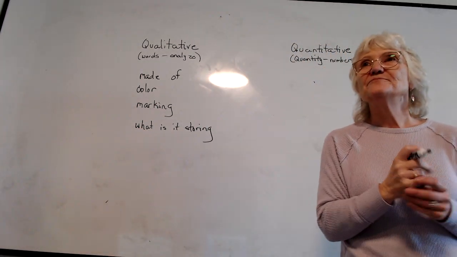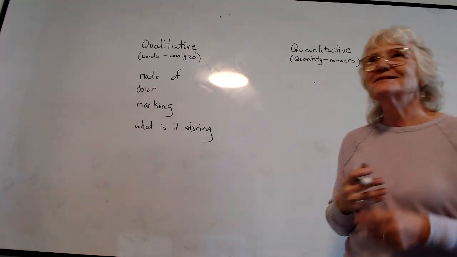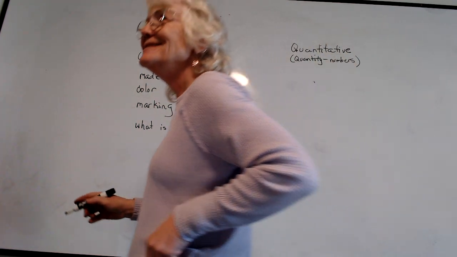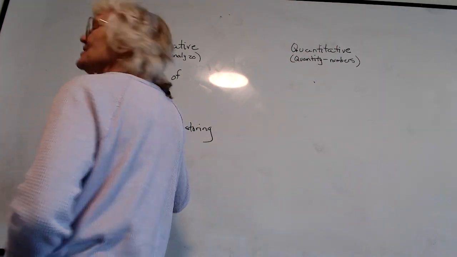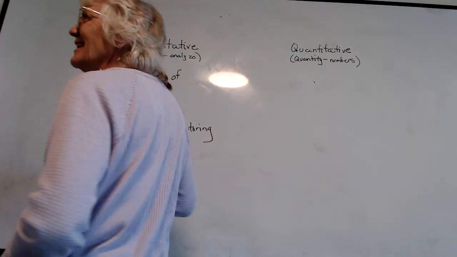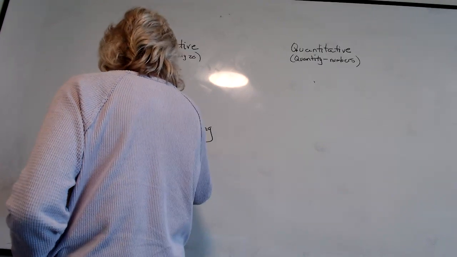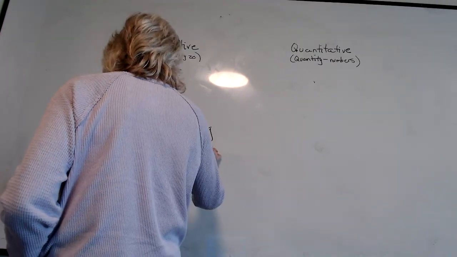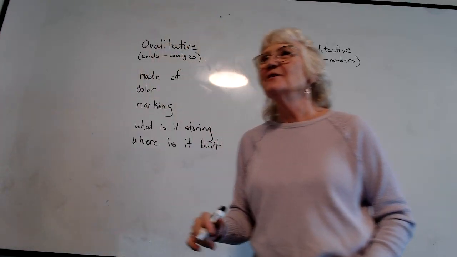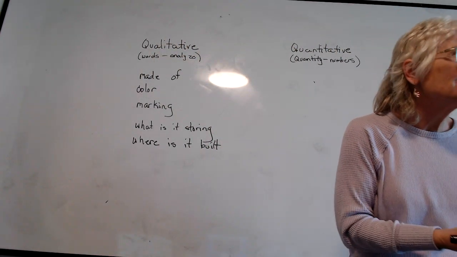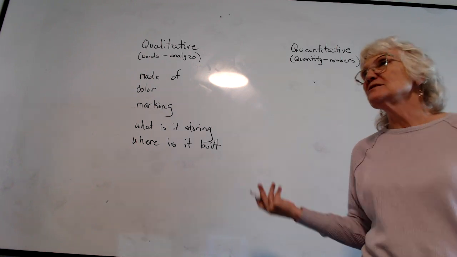Yes. Where was it built? Ah, yes. Where was it built? Did you look in there? She was really smart. She's looking at the notes inside. That is true. Okay, where it was built. If we knew where it was built, maybe where we purchased it.